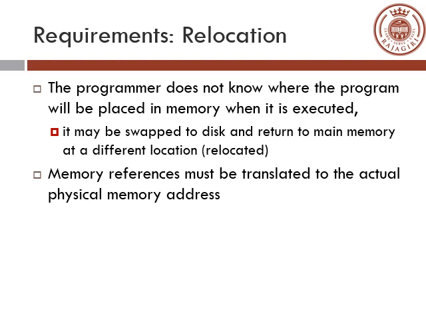Requiring that the program should be loaded in the same location as before will be an unnecessary limitation. So the programmer does not know where the program will be placed in memory when it is executed. It may be moved around in main memory. It must be relocatable. Memory references must be translated to the actual physical memory addresses by the memory management system.